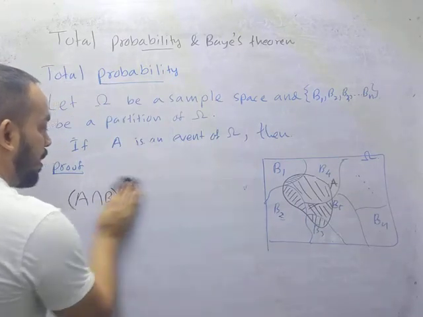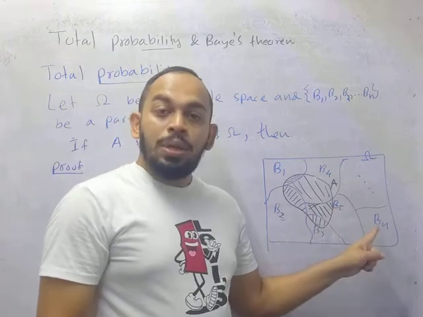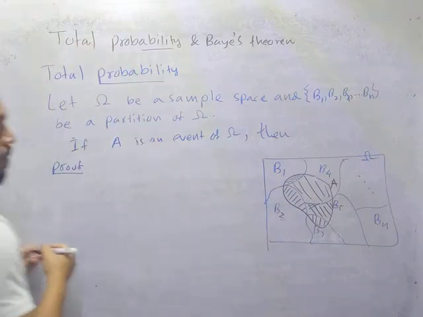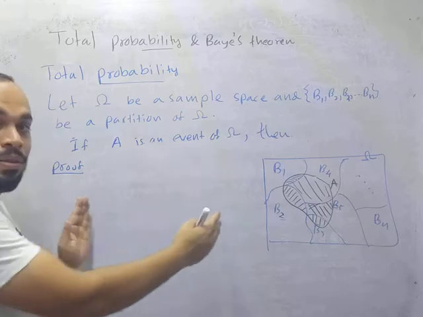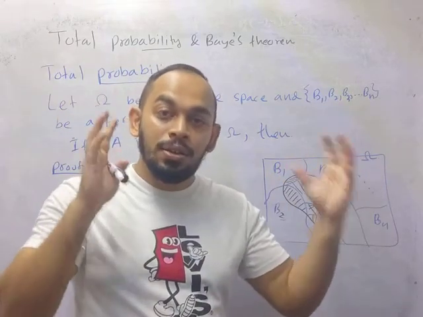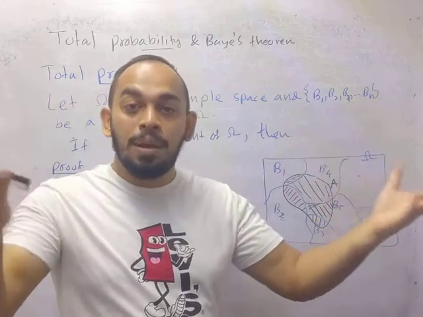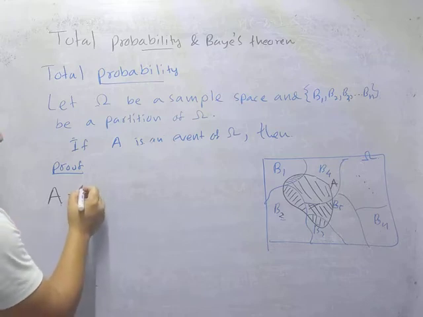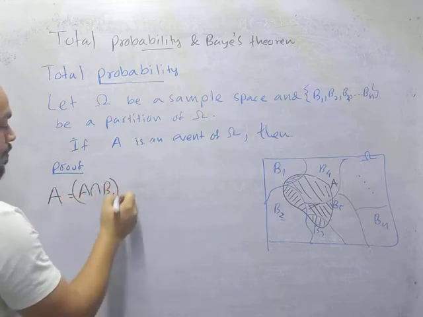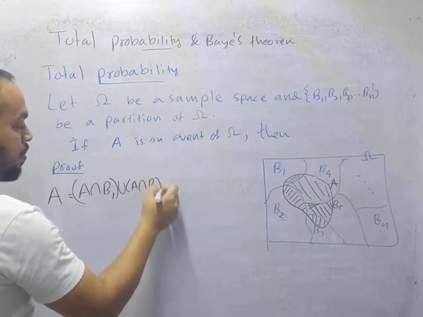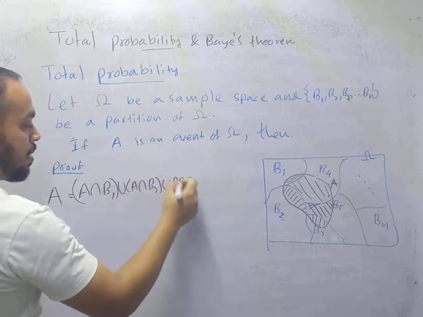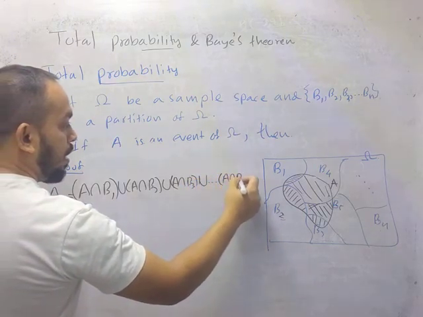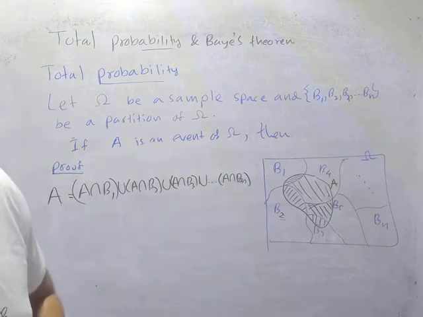So when you take the union of all these sets, the union represents A. So A is equal to A intersection B1, union A intersection B2, union A intersection B3, and finally A intersection Bn. Some parts may or may not exist, which is not a problem for us.